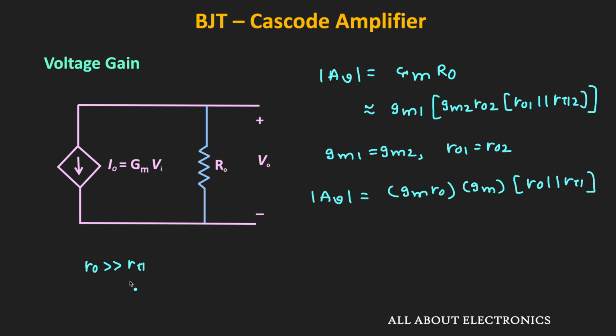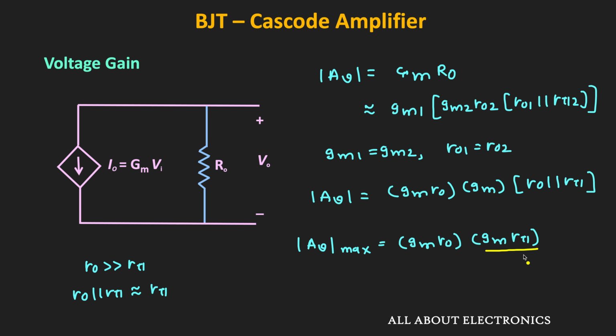In that case, R0 parallel r pi will be approximately equal to r pi. So the maximum value of the voltage gain will be equal to Gm times R0 times Gm times r pi. And as you know, this Gm times r pi is nothing but beta, because we know that r pi is equal to beta divided by Gm.